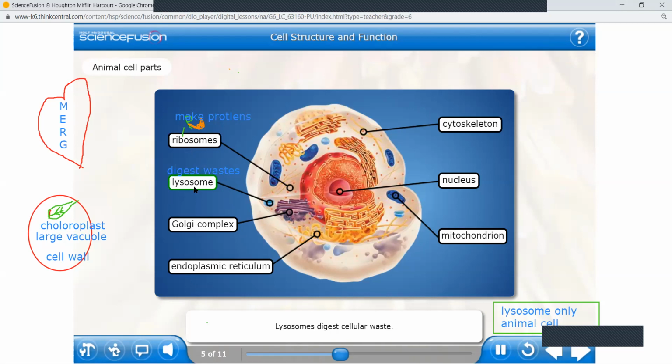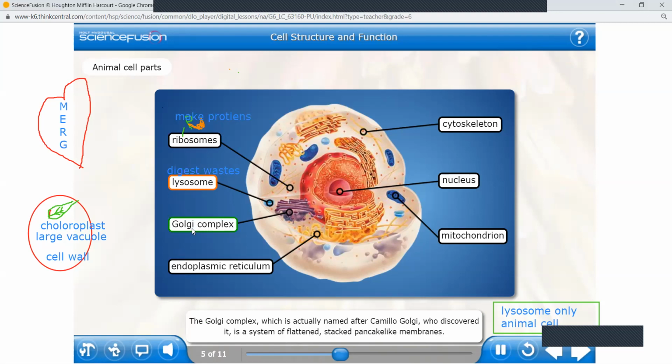Lysosomes digest cellular waste. Some of the wastes are then collected in vacuoles to be transported out of the cell. These vacuoles are much smaller than the large central vacuole in plants. Did you understand this?